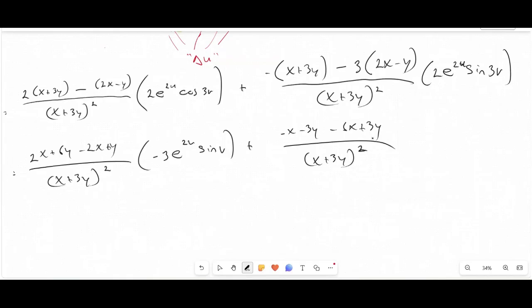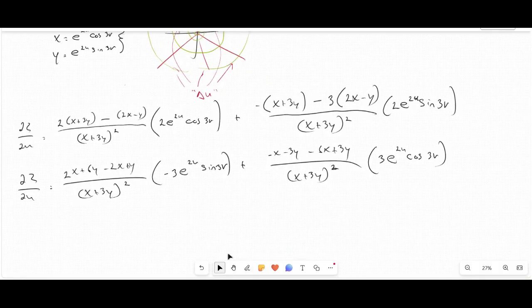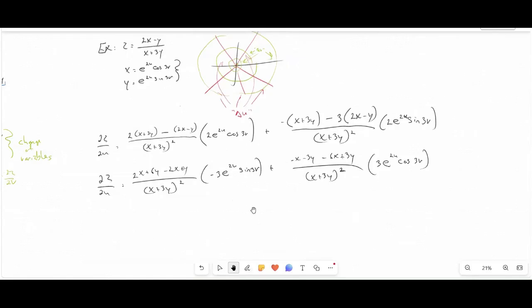And then instead of partial y partial u, I want partial y partial v. 3e to the 2u cosine of, oh, I just made a mistake, 3v. This should be a 3 over here. 3v. And then there you go. That's the other one. Okay, that's the chain rule version 2.